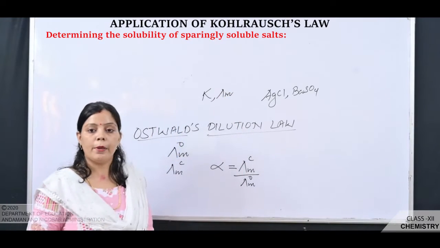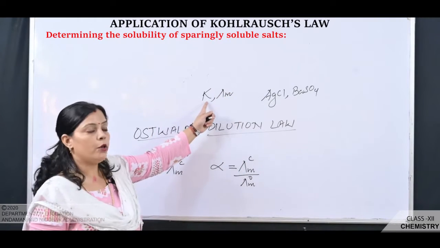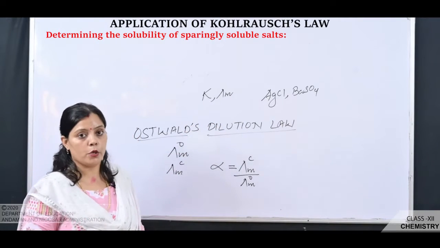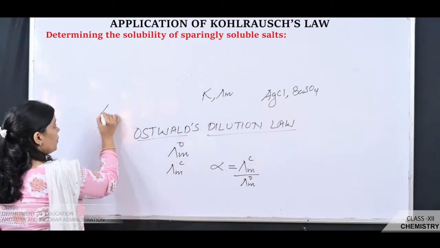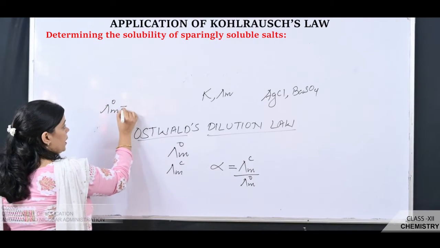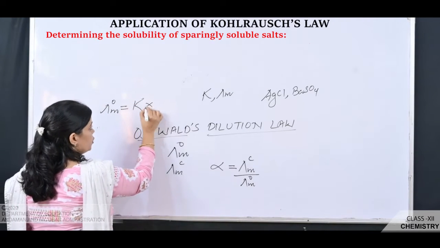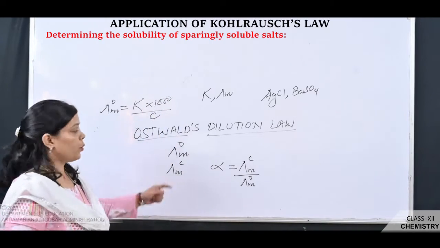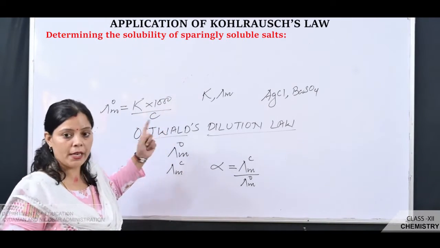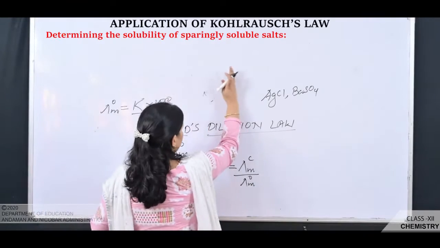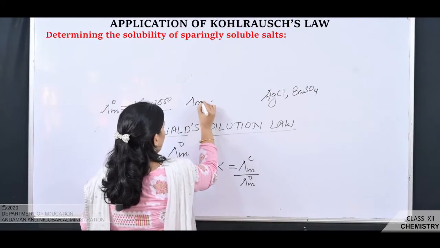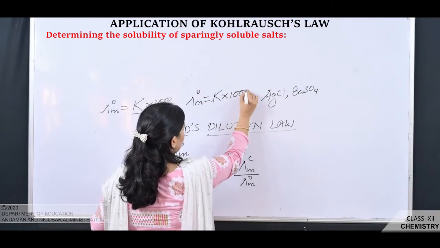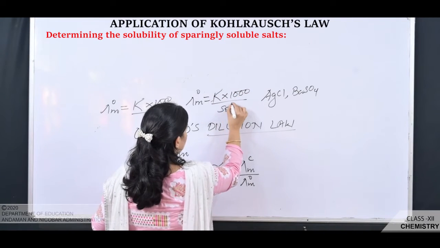The solubility can be calculated by knowing the value of conductivity and molar conductivity in the aqueous solution. So kappa m naught is written as conductivity into 1000 by concentration. Okay, in place of concentration or molarity, what can we write? Kappa m naught is equal to conductivity into 1000 by solubility.